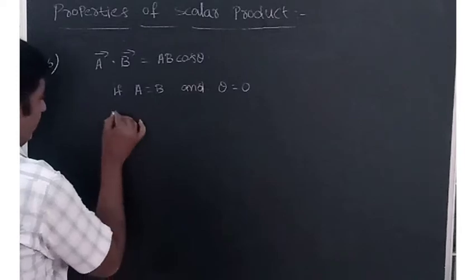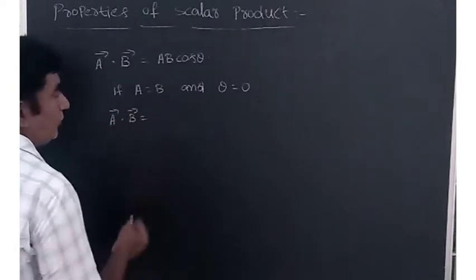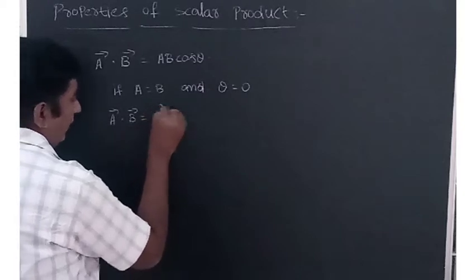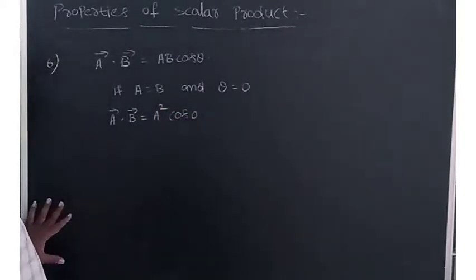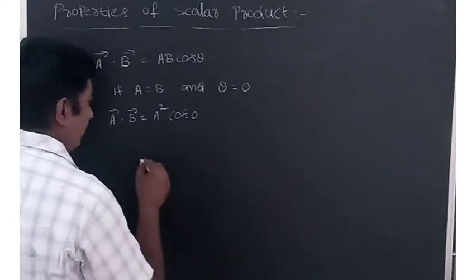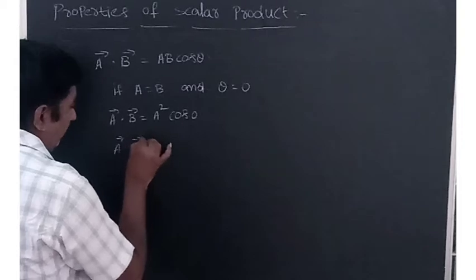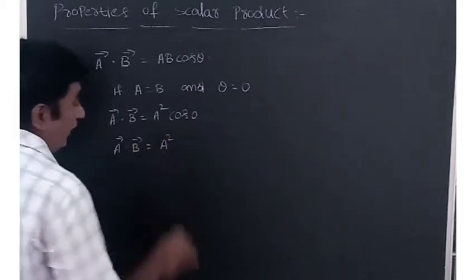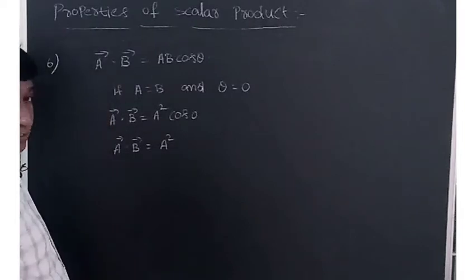A vector dot B vector is equal to AB, which is A into A, A square, times cos 0. What's the value of cos 0? Cos 0 is nothing but 1. We get A vector dot B vector is equal to A square, when A and B are equal.